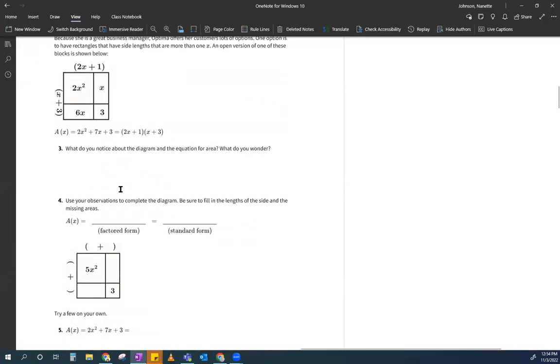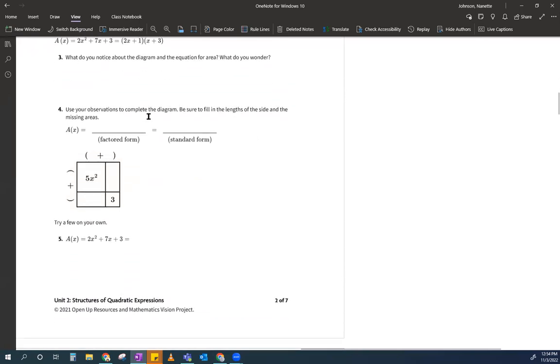Okay, so let's continue. It says, use your observations to complete the diagram. Be sure to fill in the lengths of the sides and the missing areas. Okay, so let's start filling this in. Go ahead and take a second. This is 2.8. Take a second to look at this real quick.